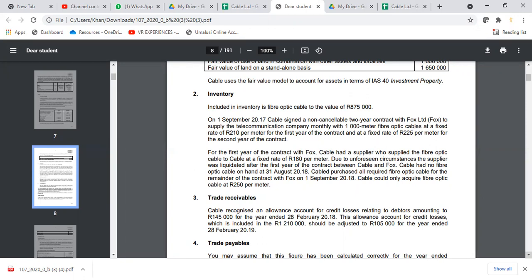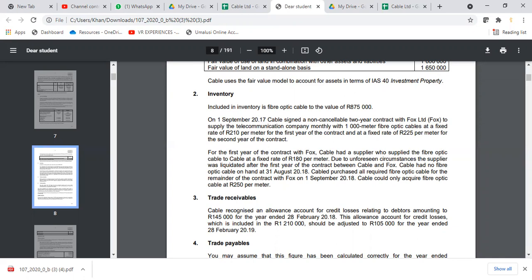So as you can see, we are selling to them at 225, yet we are buying at 250. So we're making a loss, and inventory needs to be reduced.